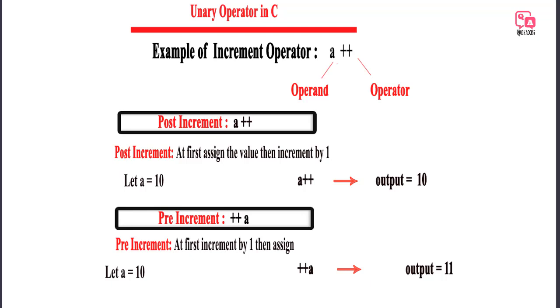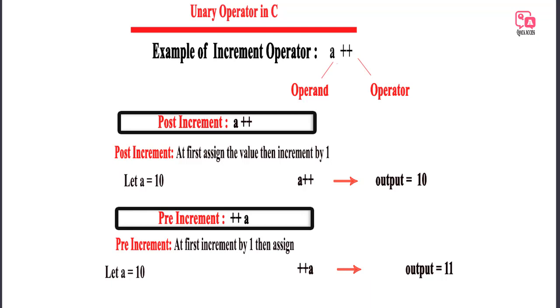So what is the function of the post increment operator? Post increment means at first assign the previous value which you have already given in the variable, then increment by 1. Let A equal to 10. So A is a variable, equal to 10, 10 is a value. So 10 is already assigned in the A variable. Now we are using A plus plus. So the first one should be the operand, A, and plus plus is the operator.